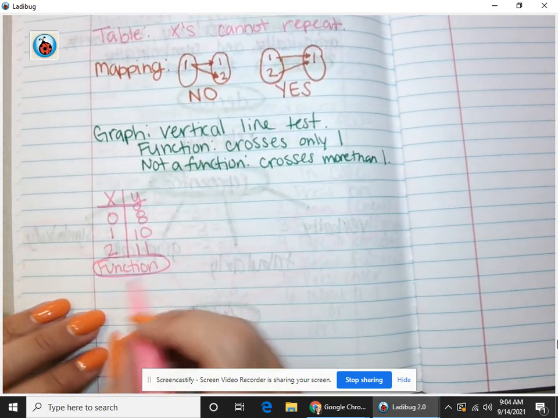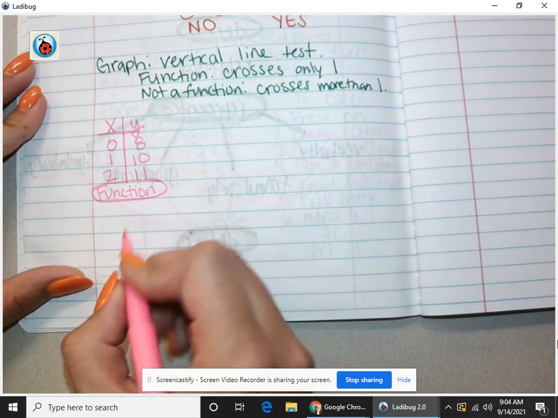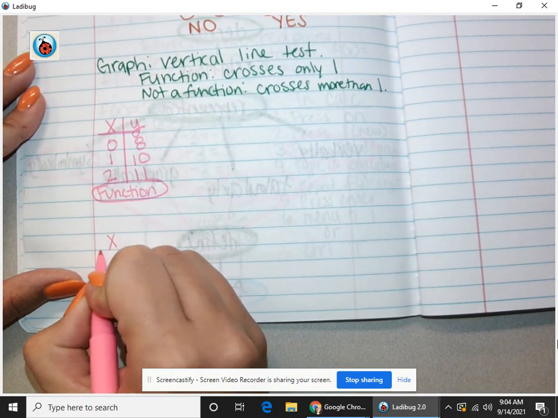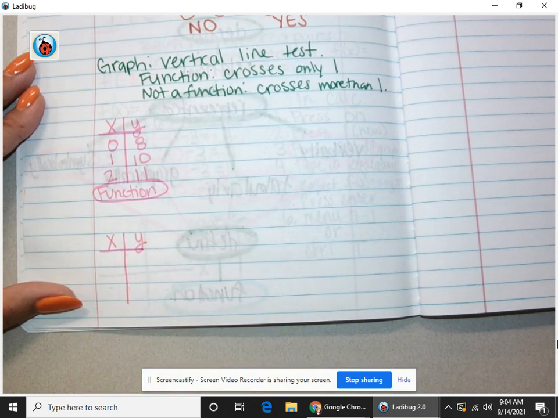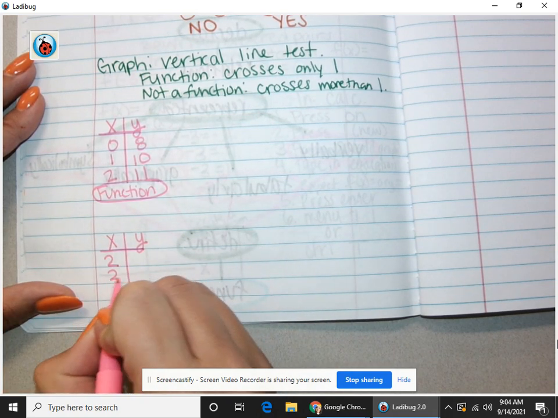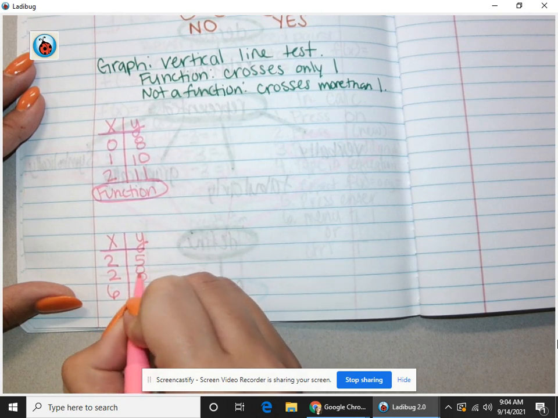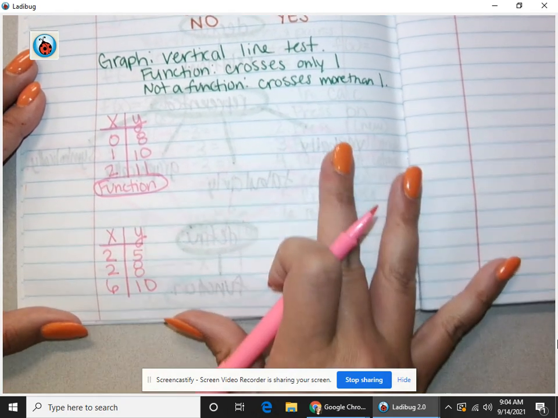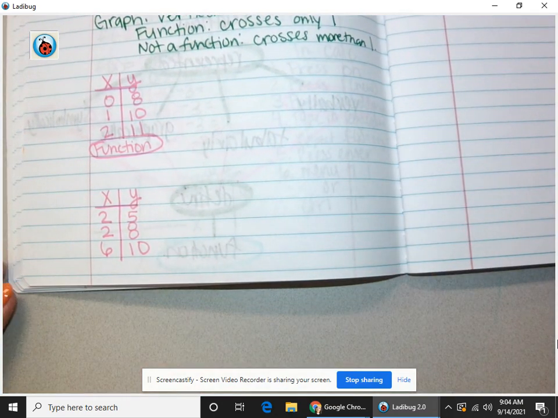Okay, what if I had a table, and I'm going to go straight down with it. If I have an x, y table, and I've got 2, 2, 6, 5, 8, 10. So my x's are 2, 2, 6, my y's are 5, 8, 10.